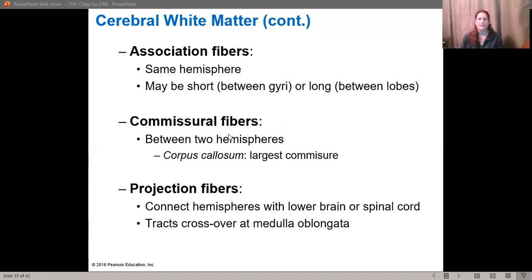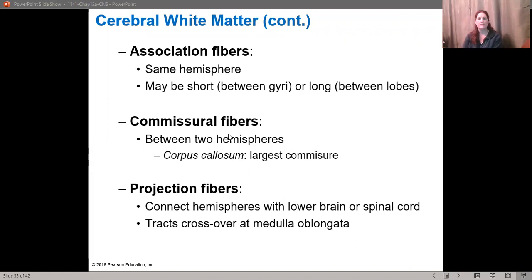Association fibers stay within the same hemisphere. They can be very short between gyri or long between lobes. But we're still going to be looking at, like, the right parietal lobe to the right temporal lobe, or the right portion, on the right cerebral hemisphere, of the frontal to the parietal.